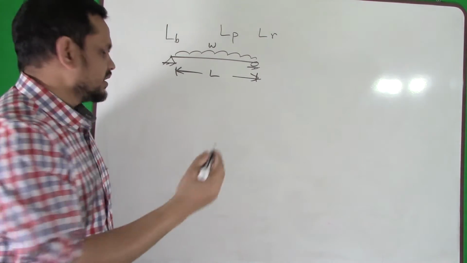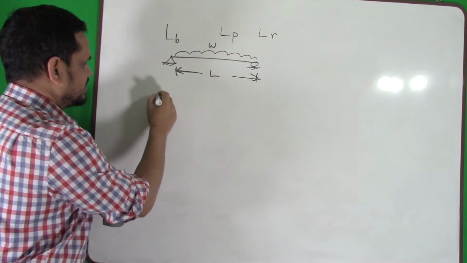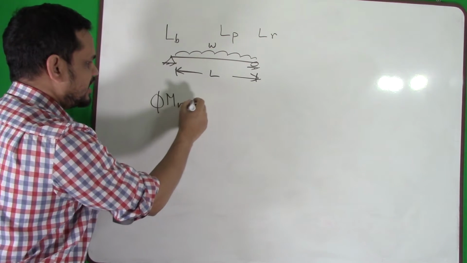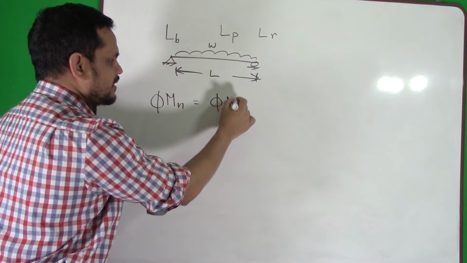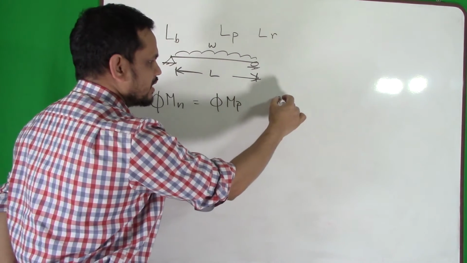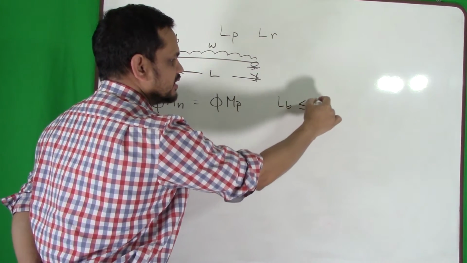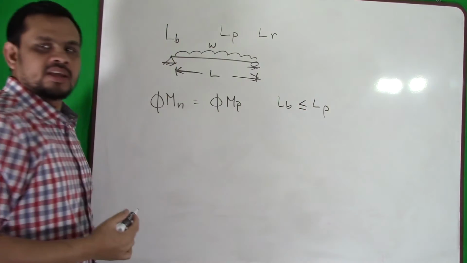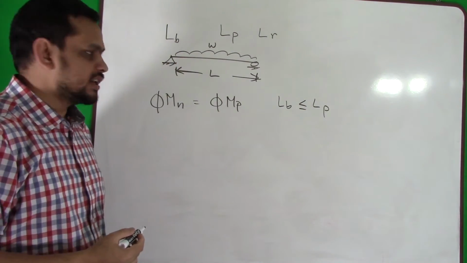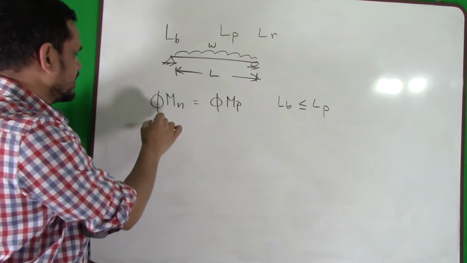Also, we learned the capacity of a beam. Say capacity, phi Mn. Phi Mn is phi Mp when my LB is smaller than LP. If my LB is smaller than LP, the capacity is this.